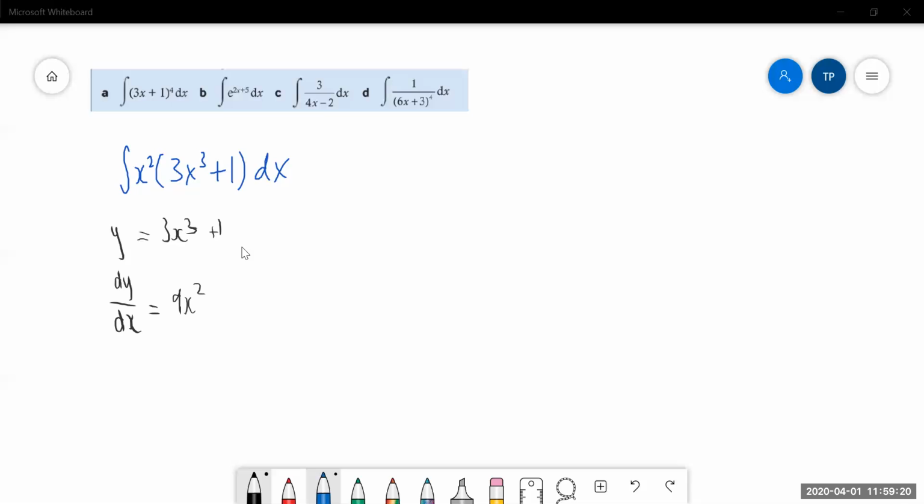Okay, so then I do X. Wait, but I still got like 9x cubed, so dx is 1/9x cubed squared dy. Yes.